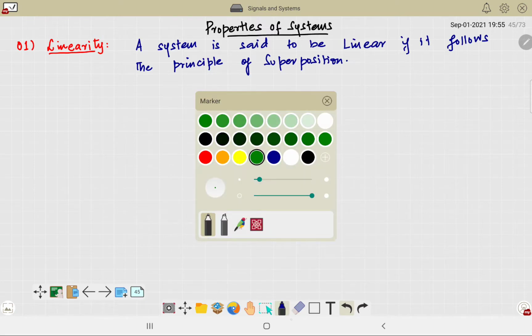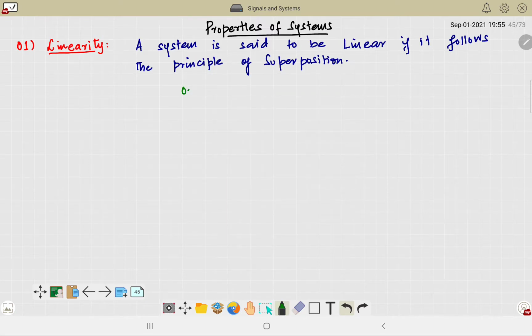And the first one is what is known as additivity, right? It simply means if I have a system wherein my output is y1(t), this is the typical definition of the mathematical representation of a system.